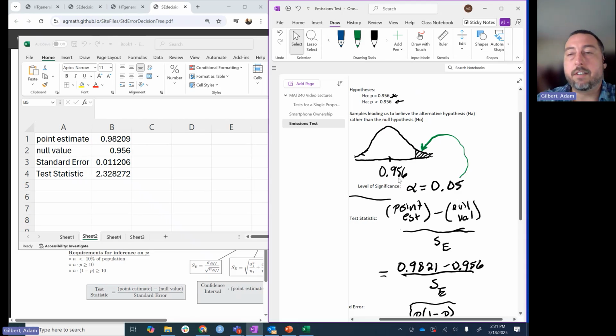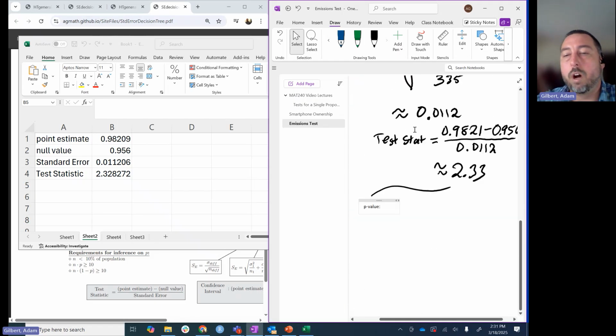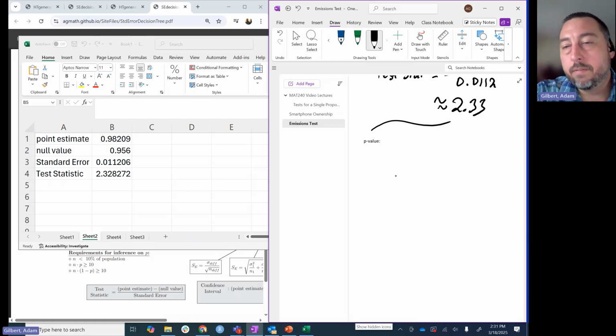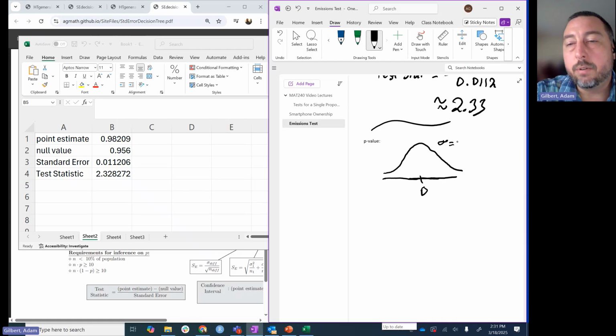Once we use that test statistic formula, our distribution is centered at 0, and it's going to have a standard deviation of 1. So we'll draw out that distribution. Here it is, centered at 0, standard deviation equal to 1. Here is our test statistic somewhere out to the right at 2.33.